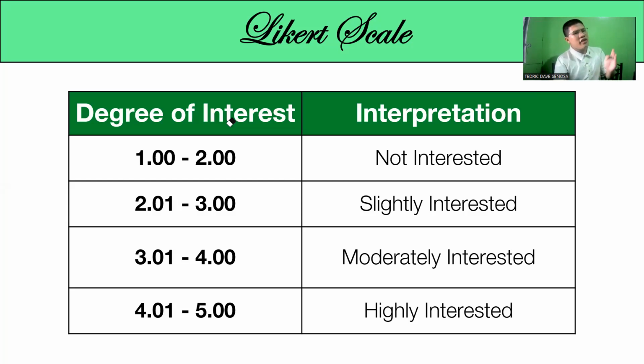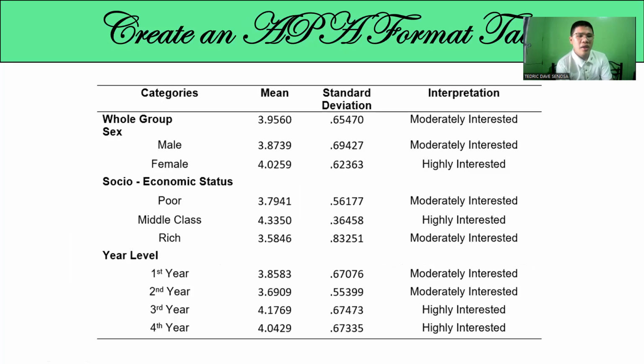So this is how we interpret our data later when we summarize it into an APA format table. So what does an APA format table look like? So it looks like this. Wait a minute. This is how it looks like. So there are 4 columns here: the categories, the mean, the standard deviation, and the interpretation.